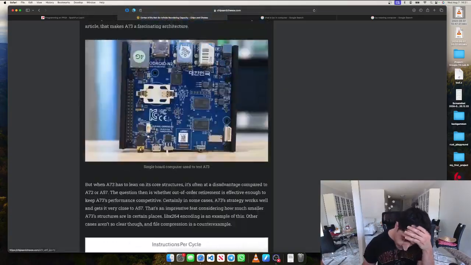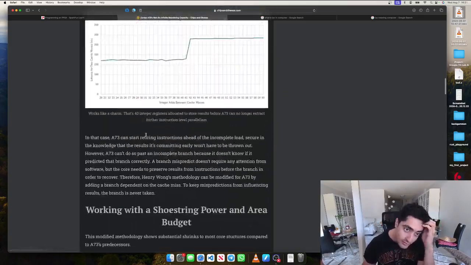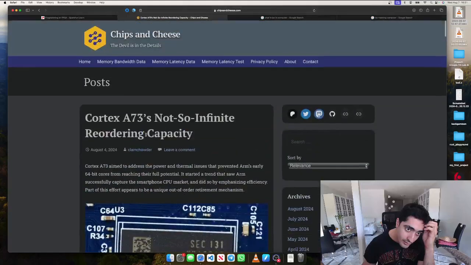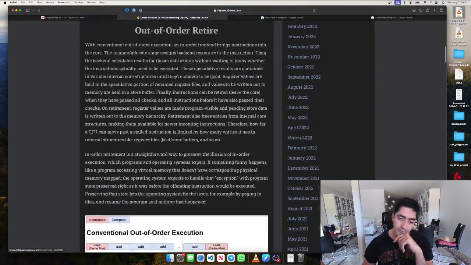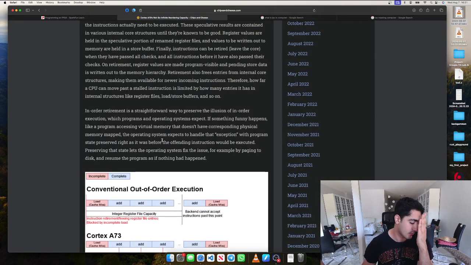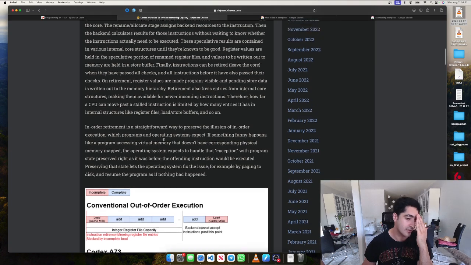Yeah, so let's go to the Cortex not-so-infinite reordering capacity. So I guess they resized the CPU, but at the same time it costs some performance issues.